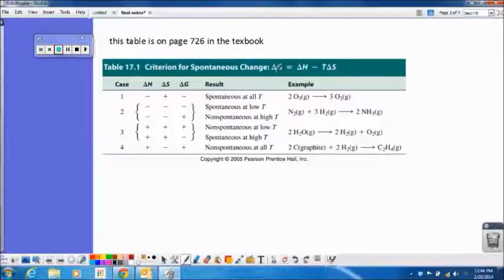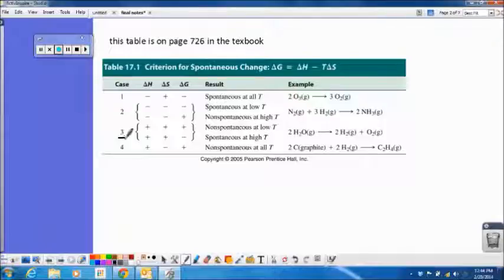So that's one combination. In that case, since they predict opposite things, if I do get a delta G that is negative based on the actual values I put in here, I would say that this is an enthalpy-driven reaction, because enthalpy predicts that it will be spontaneous or thermodynamically favored, and it actually is when I solve for delta G. Likewise, in case 3, where they're both positive, delta H predicts not thermodynamically favored.